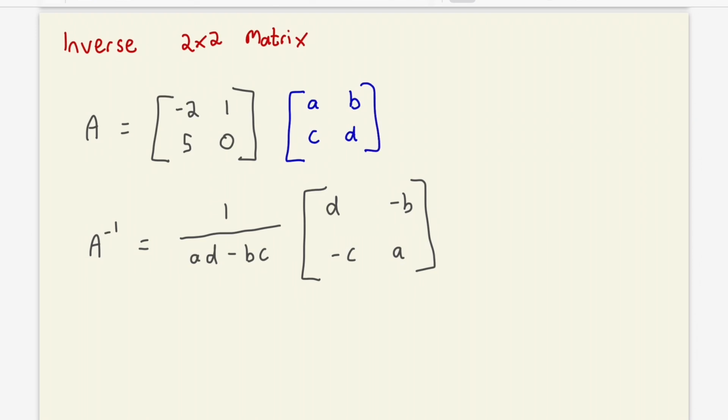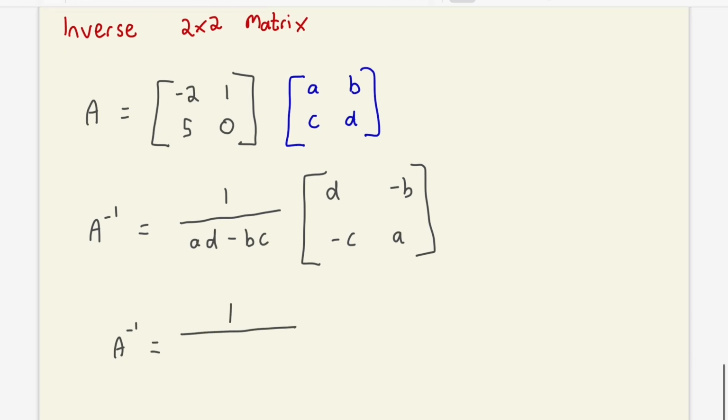So, going back to our inverse formula, A inverse here is going to be 1 over A times D. So A in our case is -2, multiplied by D, which is 0, minus our value for B, which in this case is 1, multiplied by C, which is 5.